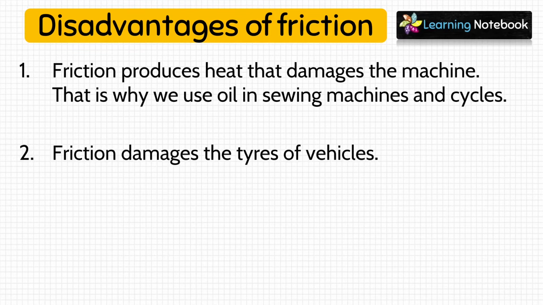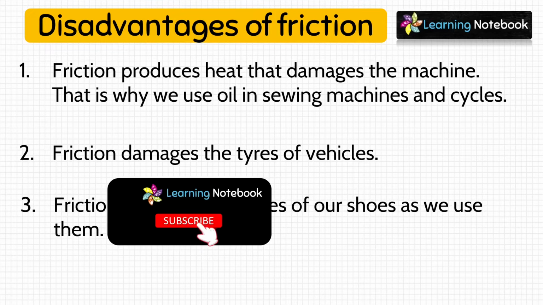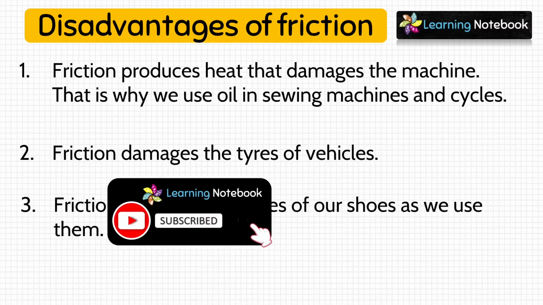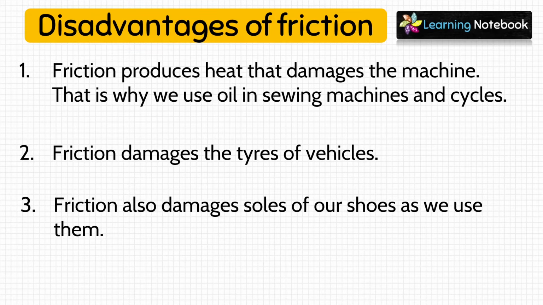Now students, due to the friction between surface and tires of vehicles, the friction damages the tires of vehicles. And in a similar manner, friction also damages soles of our shoes as we use them. So these are the disadvantages of friction.